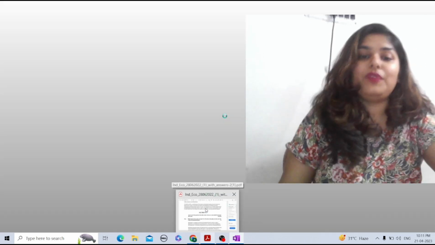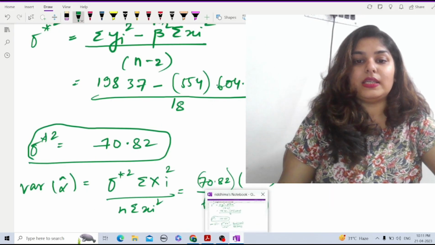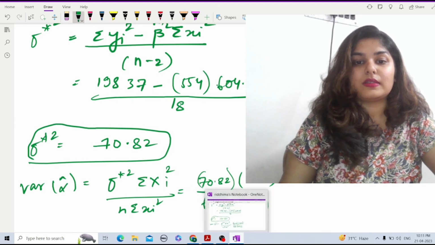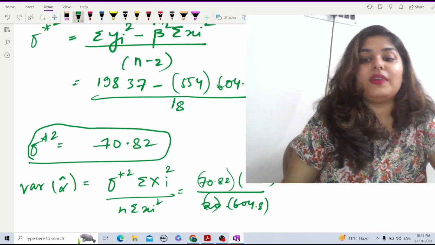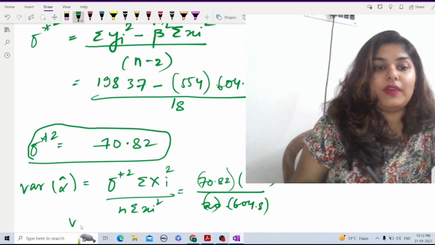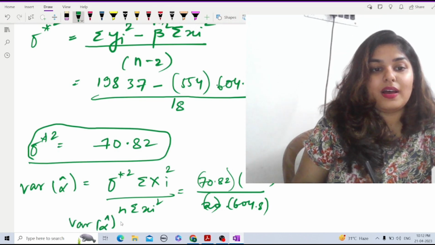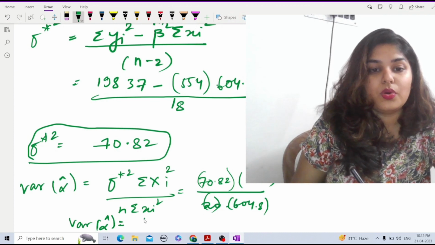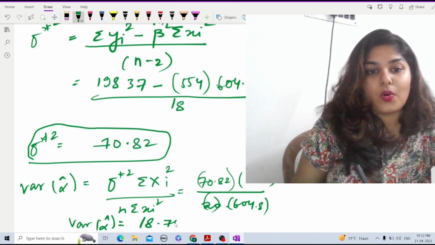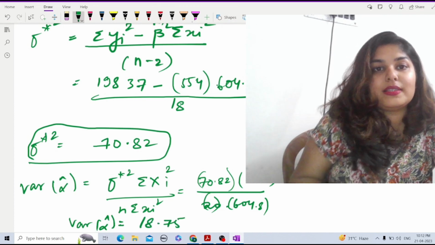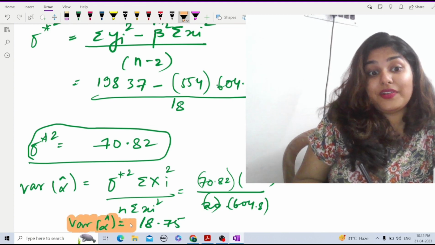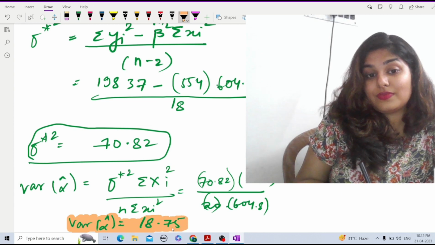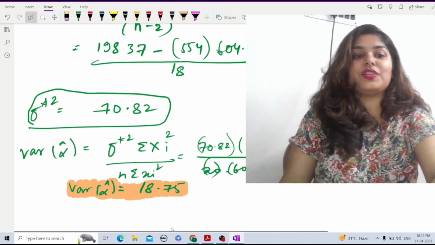So if we calculate it, this is variance of alpha.